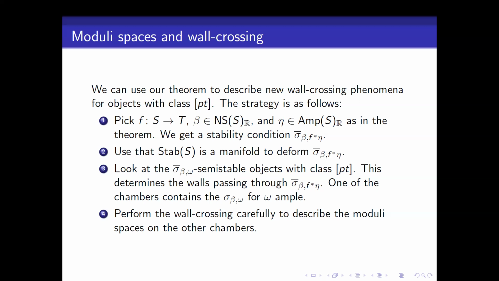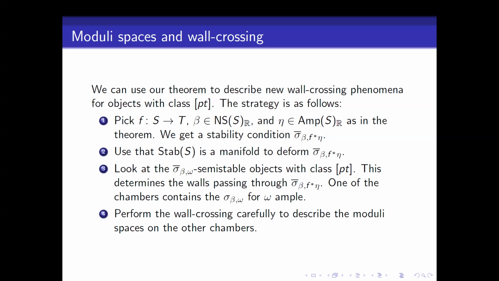So basically you pick your favorite surface S admitting a contraction, say, of a minus n curve or something like that, and you construct a stability condition. Once you have your stability condition, you can use the fact that the stability manifold is a manifold to deform it locally. And that will give you a small region in which you have a bunch of stability conditions, and locally, you can describe explicitly what the walls look like.